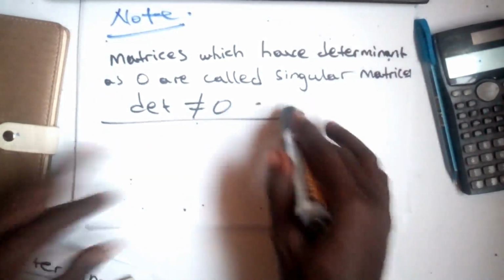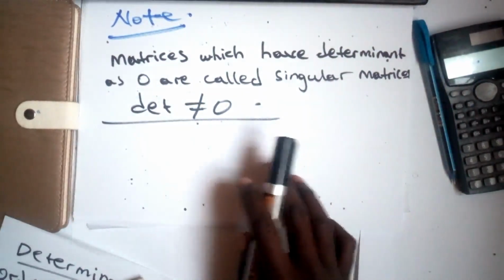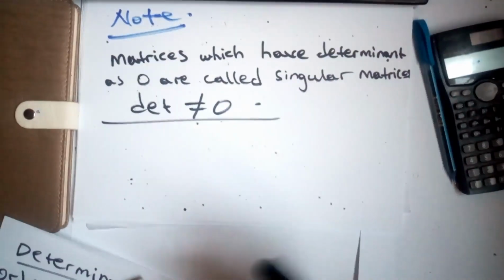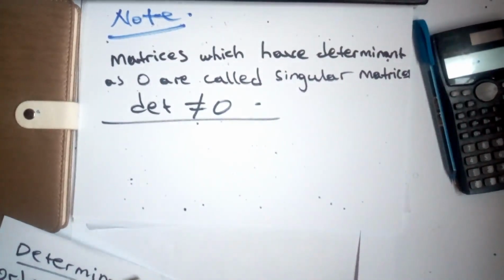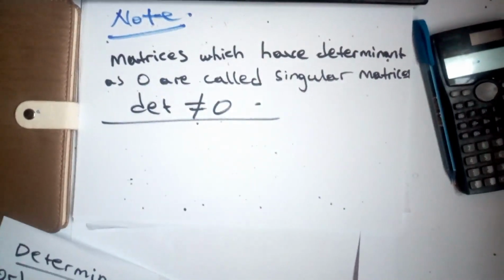If you are making some notes, please put it aside that any matrix whose determinant is 0 is a singular matrix.